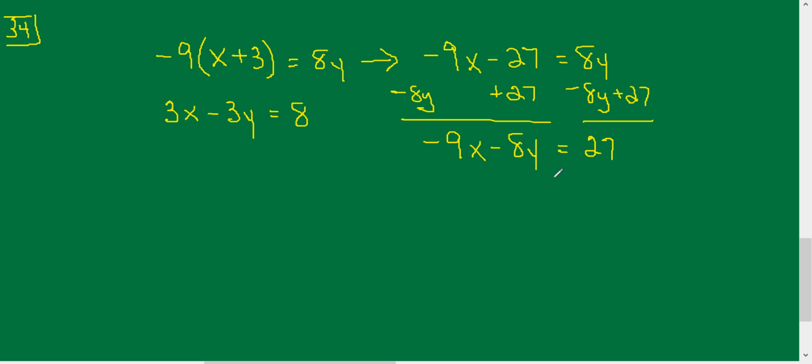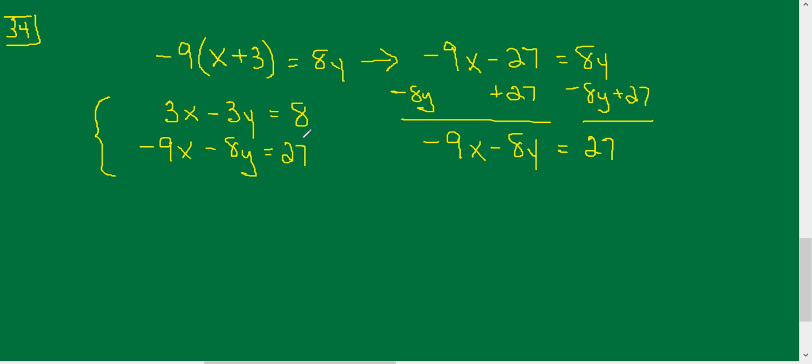Now this is in standard form, and if we want, we can bring it over here. Rewrite it to be negative 9x minus the 8y equals 27. And here is my new system right here. I'll write my bracket out here. Okay, so this is what's new.